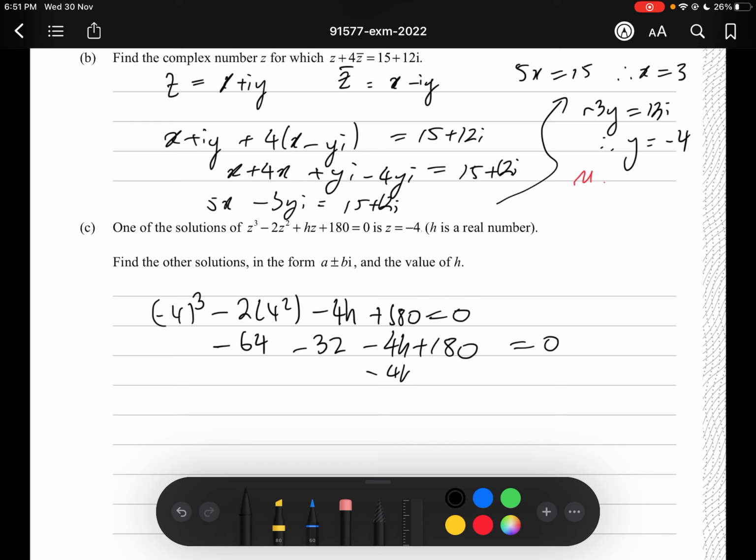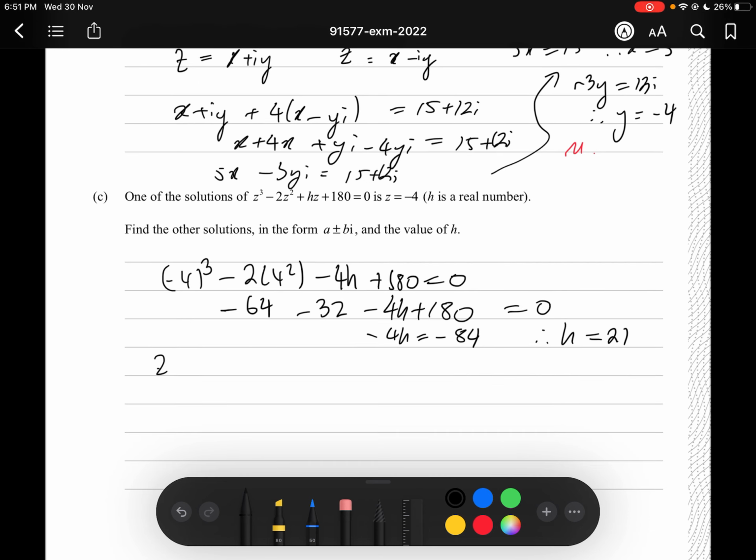So -4h equals -84, and therefore we get h equals 21, which is a brilliant start. So now we know the polynomial is z cubed minus 2z squared plus 21z plus 180. To find the other two solutions, we want to use polynomial division in order to find a quadratic, and then we'll use the quadratic formula in order to find the two solutions in the form a plus bi.